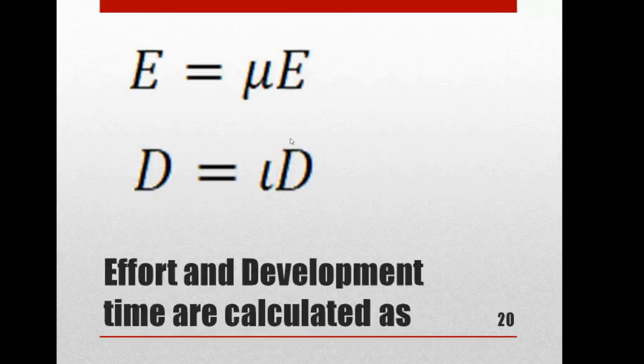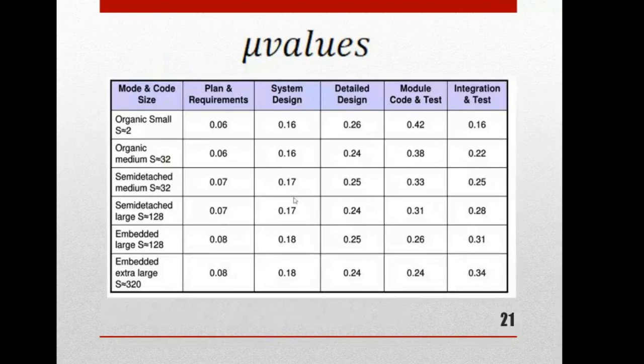Fine. So how to calculate the effort and the development time? Here the formula changes. E is equal to mu into E, and D is equal to I into D. What is mu and what is I? These mu values are categorized by project size, or project mode.